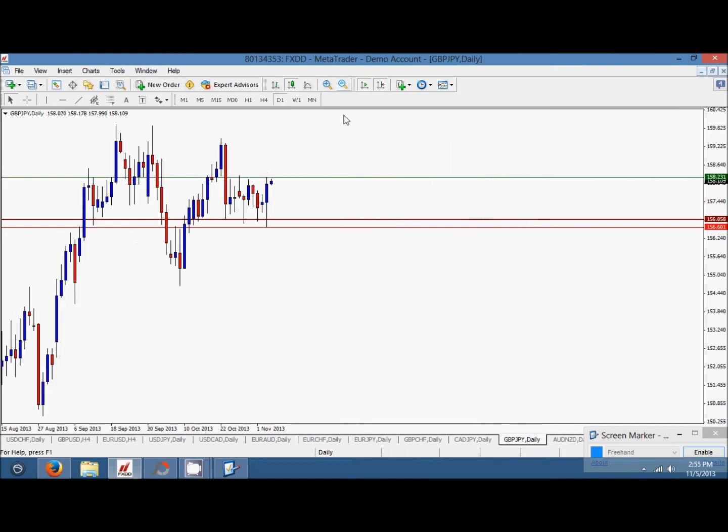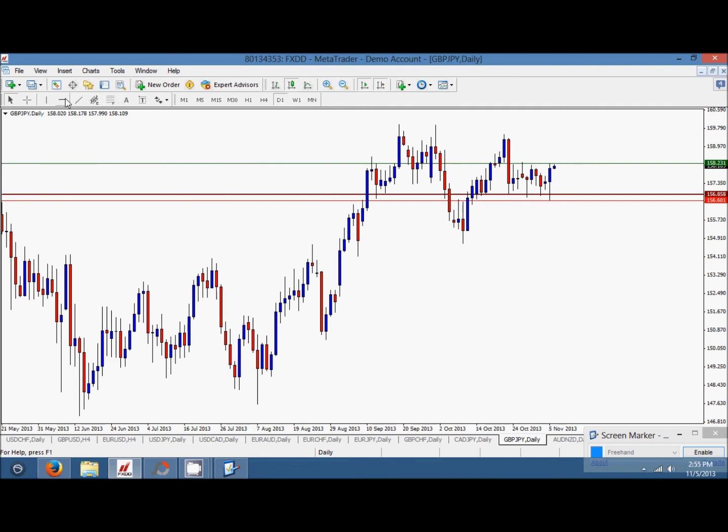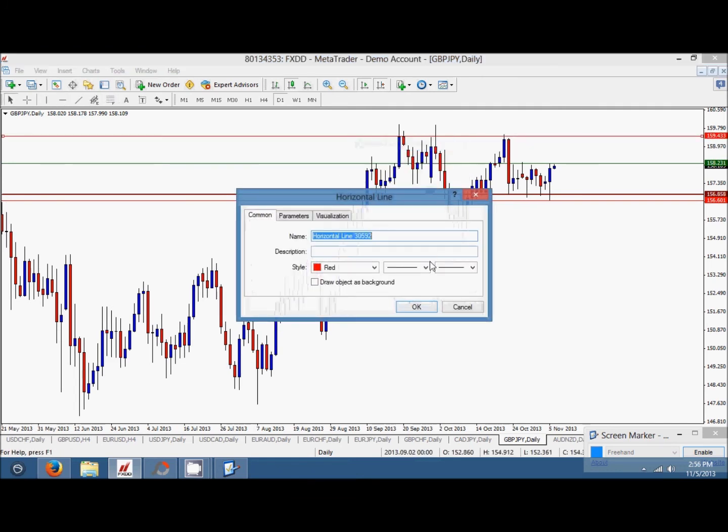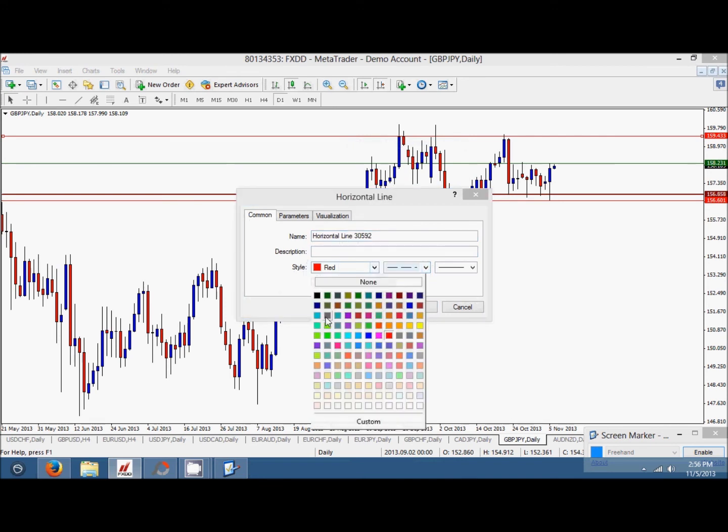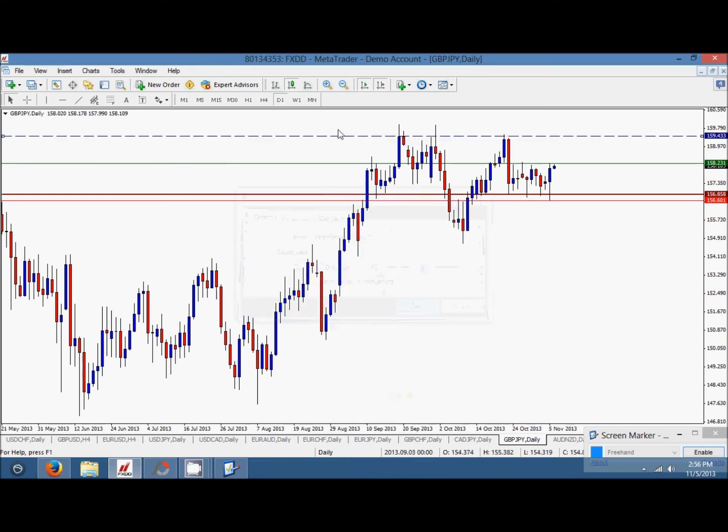Then for my take profit levels, I'd probably set one right here. That would be my first one, and then let's see where the risk reward would be. It'd be 118 pips to about 164 pips.